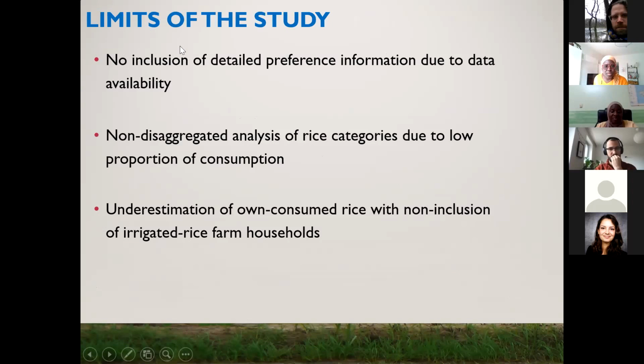So in terms of the limits of the study, we did not include detailed preference information due to data availability. And also, as you have seen when I was presenting the price and income elasticities, we grouped the different categories of rice into just local rice and imported rice. For instance, broken local rice and whole local rice were grouped into local rice, and the same was done for imported rice. That was mainly because there is a low proportion of consumption for the disaggregated categories.